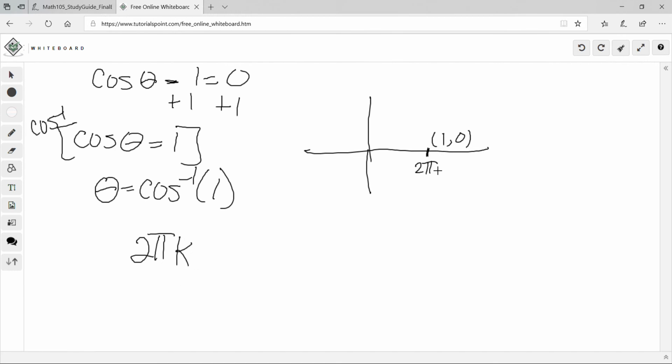When k equals 1, that's 2 pi, which is 360 degrees. If you start from here and go 360, you're still going to get a cosine of positive 1. If you go around the unit circle twice, you still get a cosine of 1. So that's why we use 2 pi k, because we want all solutions. That was 32.